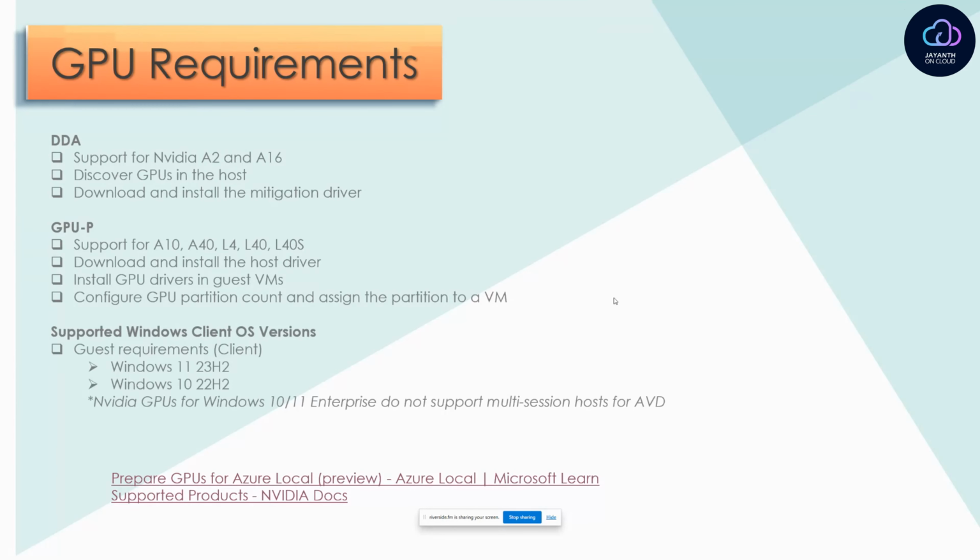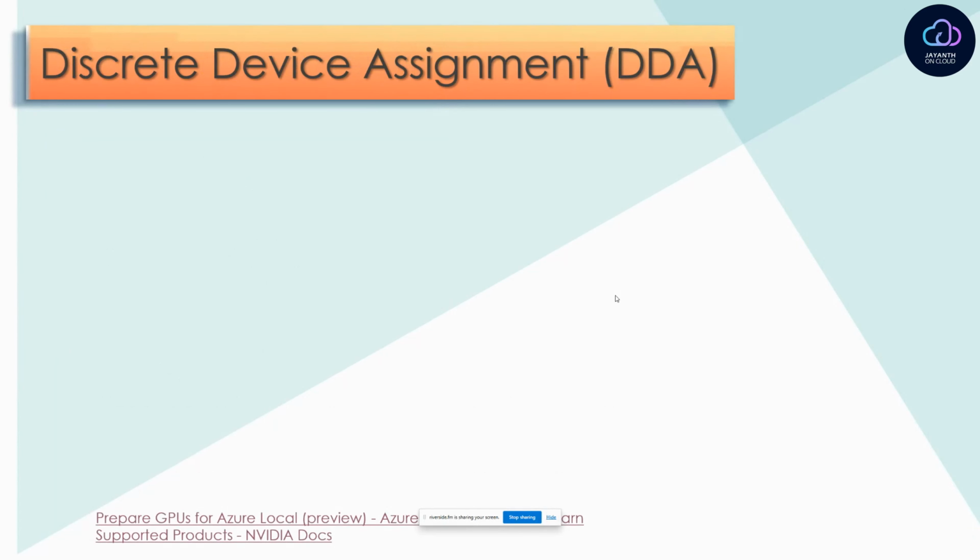We talk about, again, the supported client OS versions, Windows 10 and 11. And yeah, that's the main support again for Windows client and GPUs. So we're talking about session host desktops again, and mostly pooled desktops.